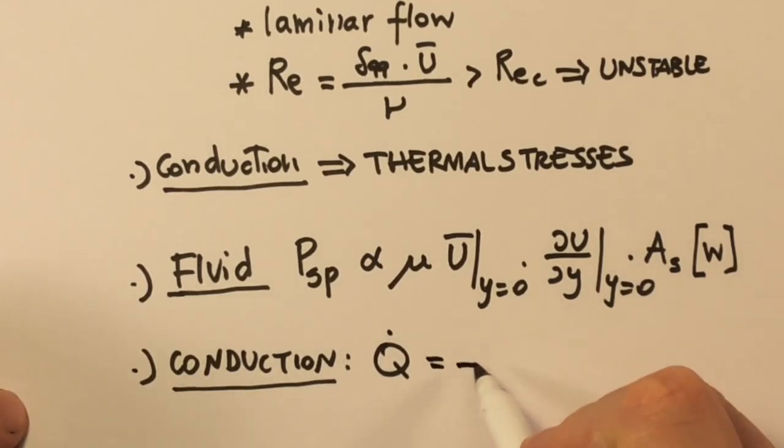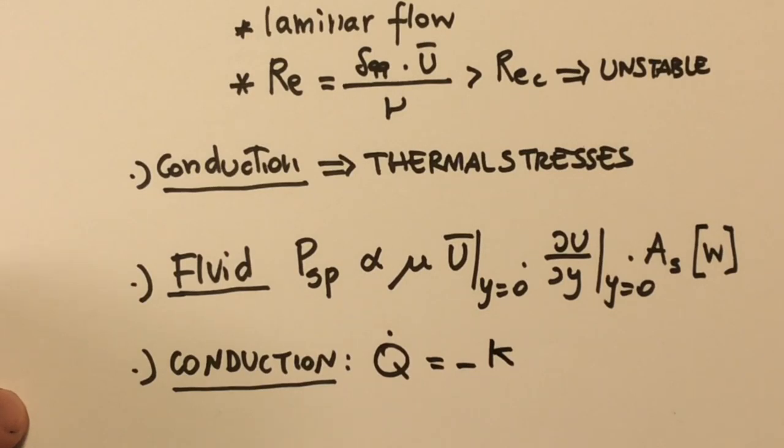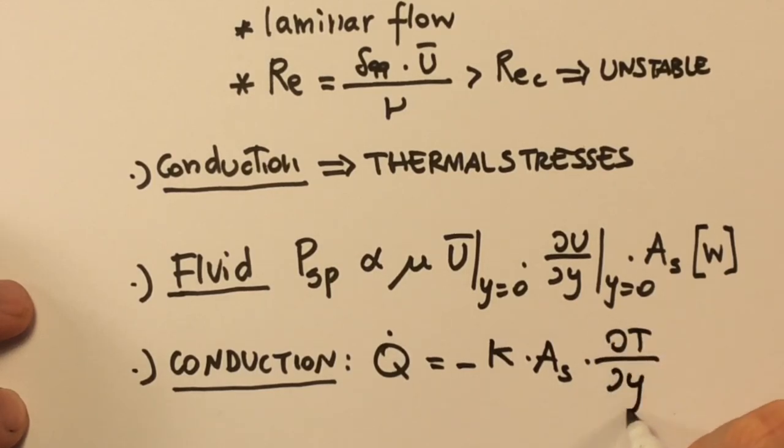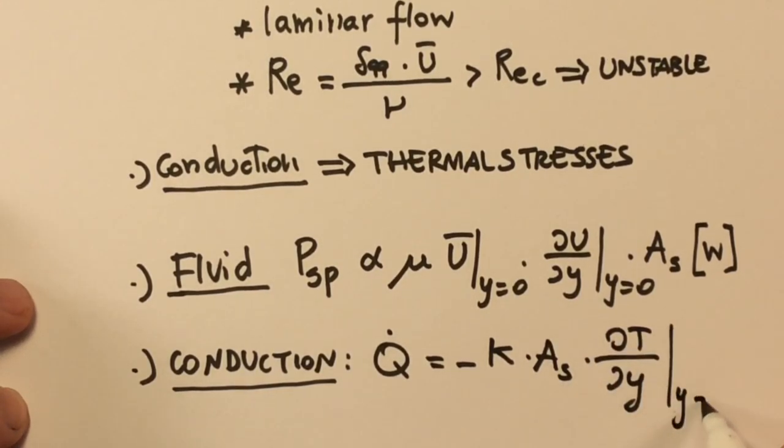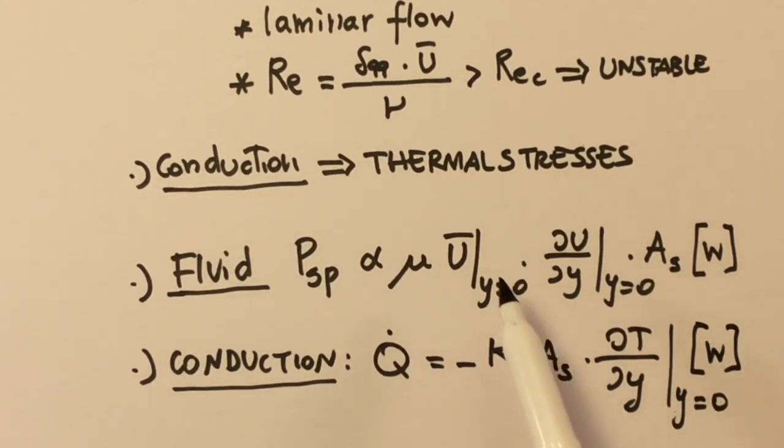We can compute that thanks to Fourier's law of conduction, minus k, the thermal conductivity, times A_s times partial T partial y at y equals 0. So this is in watts. There is no full correspondence here, because k and mu play a similar role, but there we multiply by the velocity, whereas here it's enough to just consider the temperature gradient at the wall.